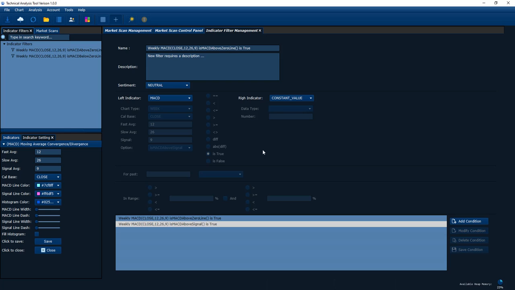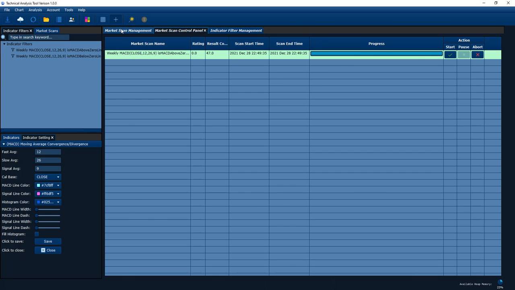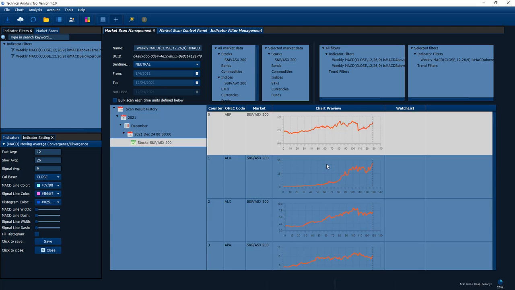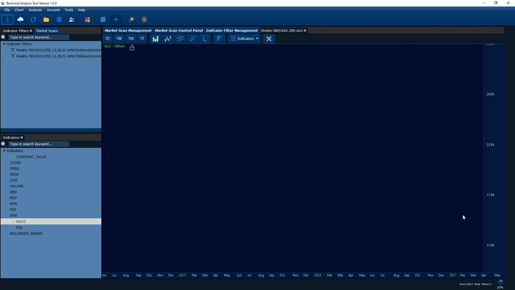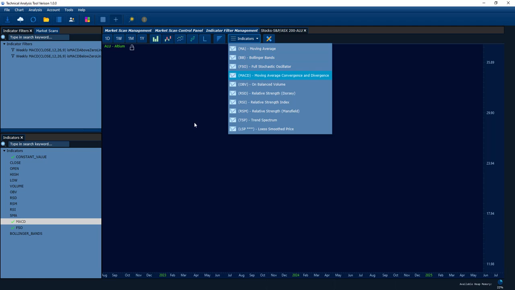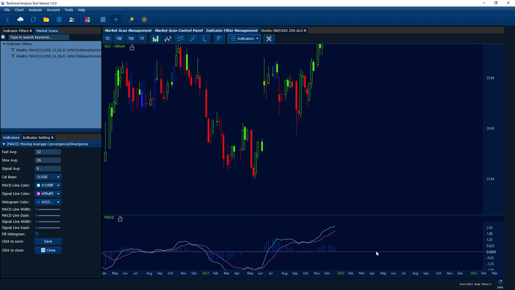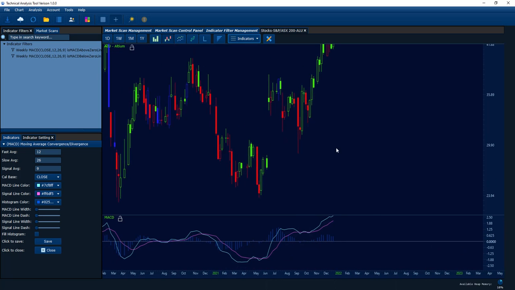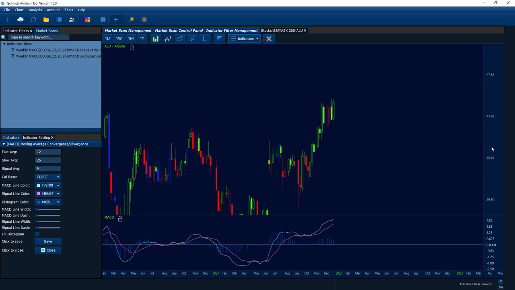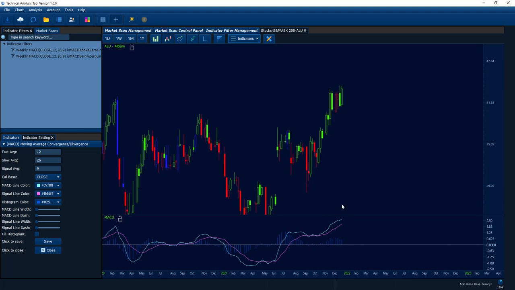And let's take a look at another one from the results. The second one is ALU. This one is more obvious from the MACD chart. As you can see, the MACD line, the light blue one, is above zero, and also it's above the signal line. Right, so that's the correct result.